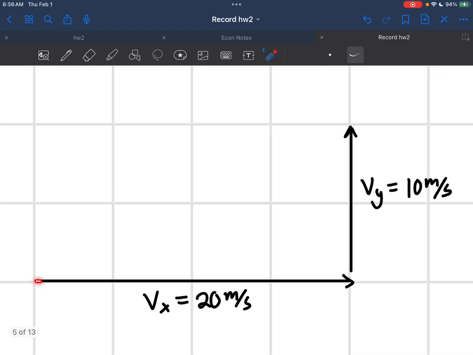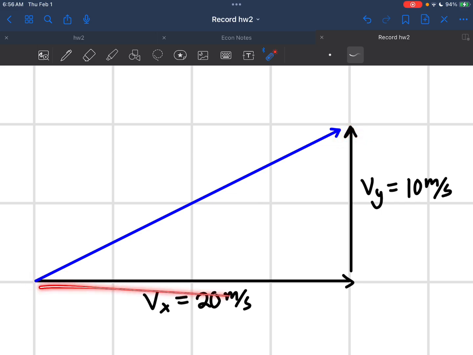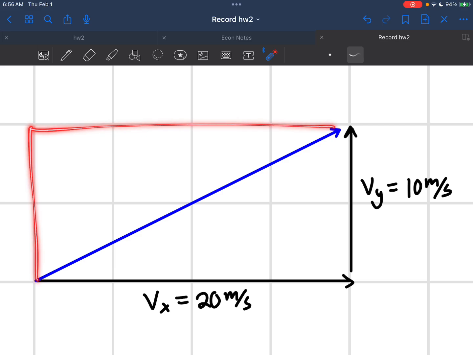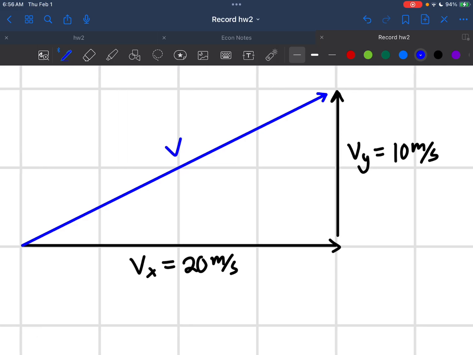So again, I've lined these up so they go tip to tail, and now my resultant vector I can draw from beginning to end. When I say from beginning to end, that just means the tail of the one that I started with to the tip of the one that I ended with. If I added x plus y, it would be the same as if I added y plus x, but obviously my triangle will be upside down to the one I have now. All right, and that's going to be my V vector.